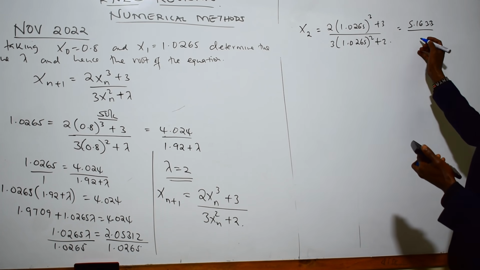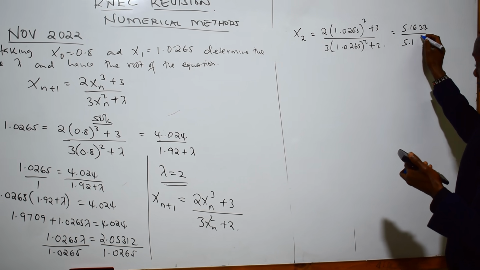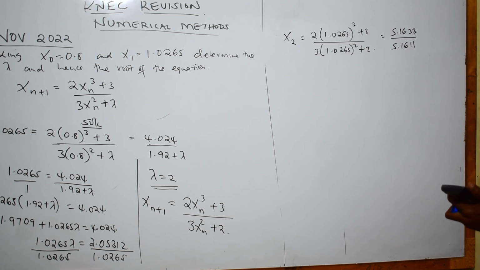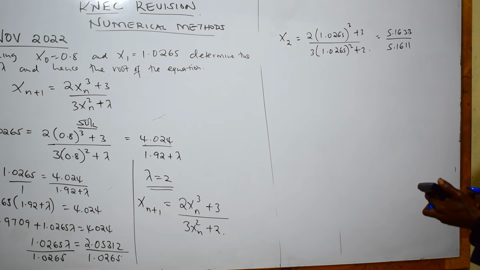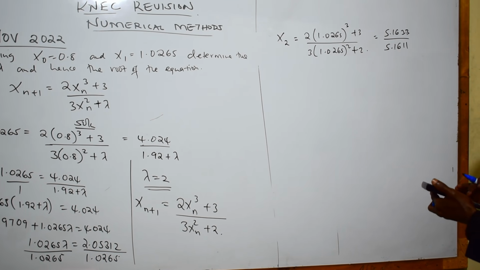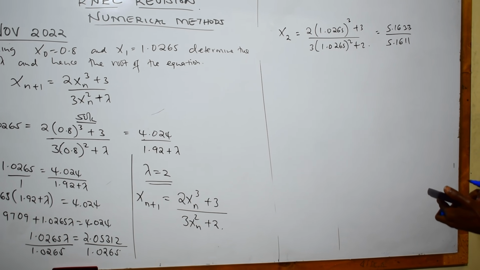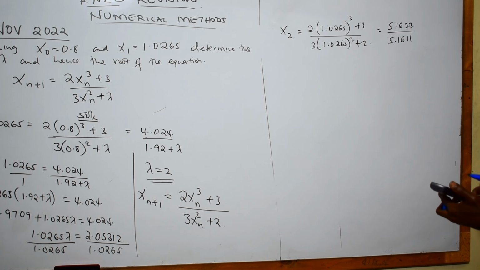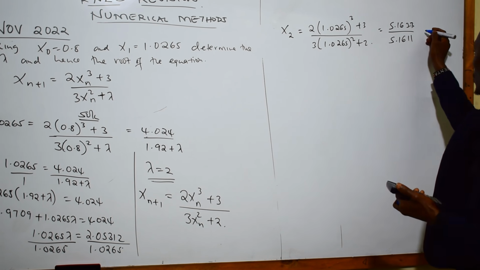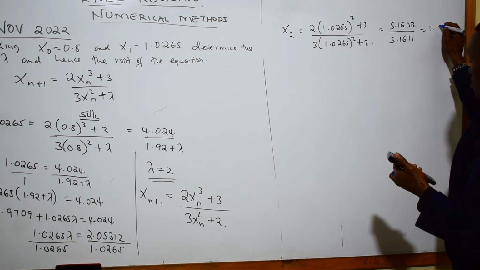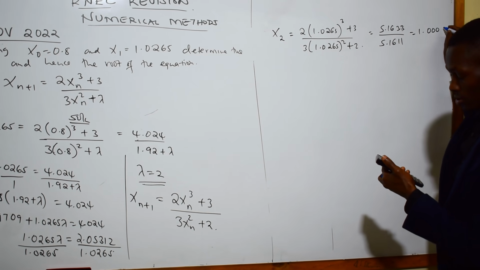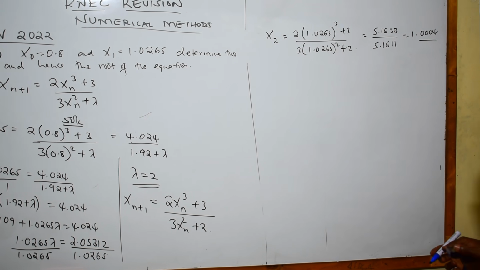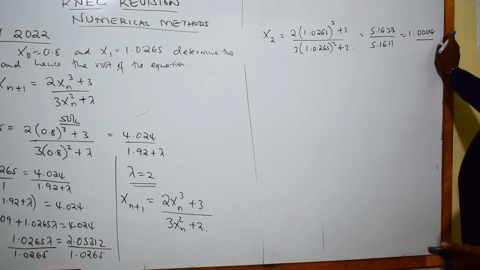This gives you 5.1611. Now dividing the two terms, 5.1633 divided by 5.1611 gives us 1.0004. So we can also check the fourth one, to see if this value is repeating itself.